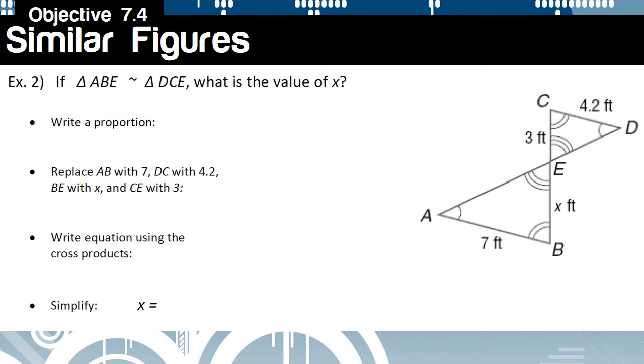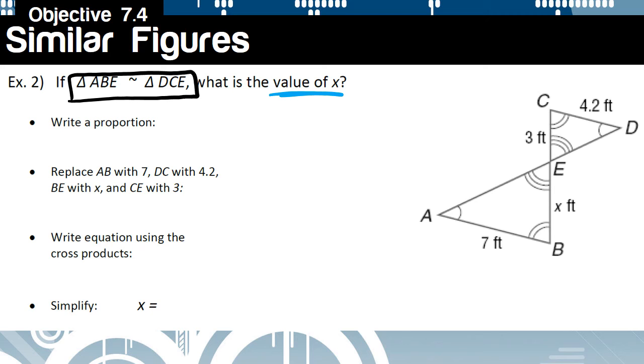We're given some information in example number 2. We're given our triangle with the order that matters. Triangle ABE is similar to triangle DCE, and we have to solve for the value of x. First, let's write our proportion.